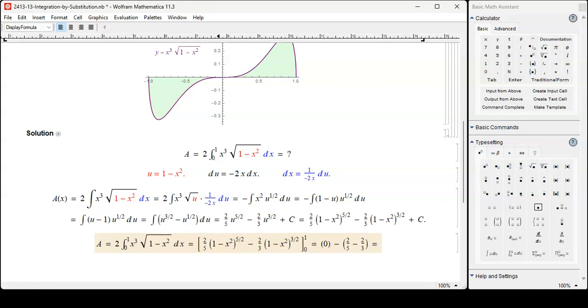And what is it? 2/3 minus 2/5. So that's 5 minus 3, 2/15. Looks like that's the area, 2/15.